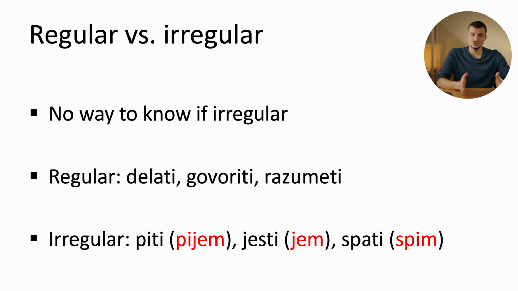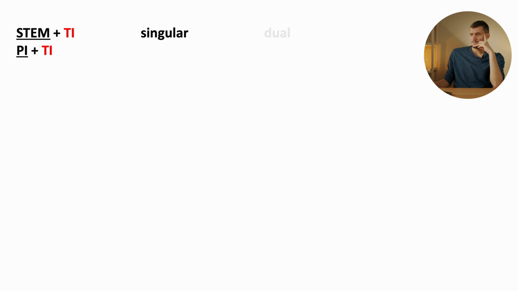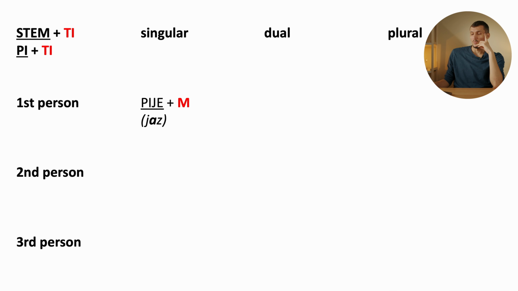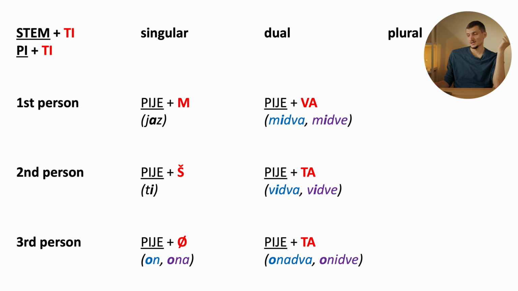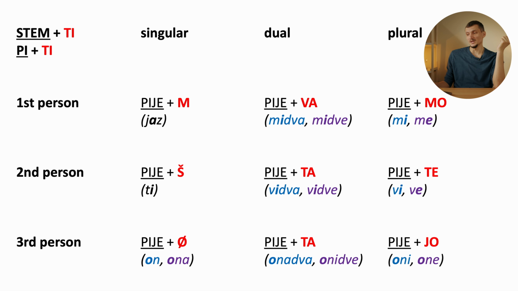But once it has changed, once we do know the present tense stem, then we can conjugate it in the usual predictable manner. So, piti. Once we know it's pie, it's piem, piesh, pie, pieva, pieta, pieta, piemo, piete, piejo.